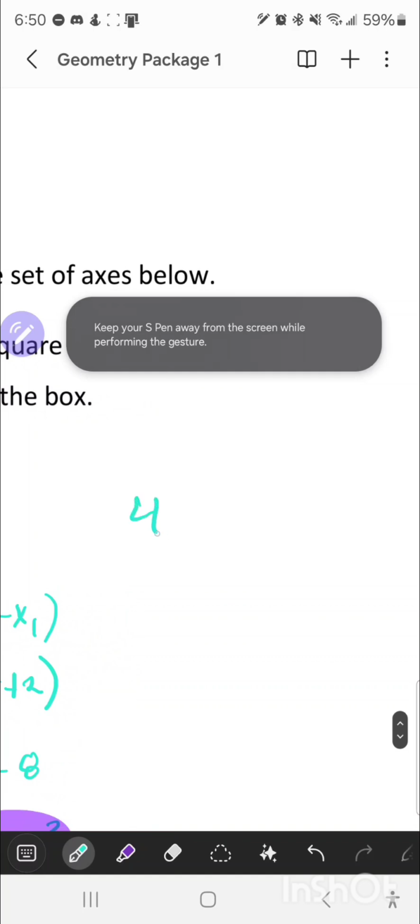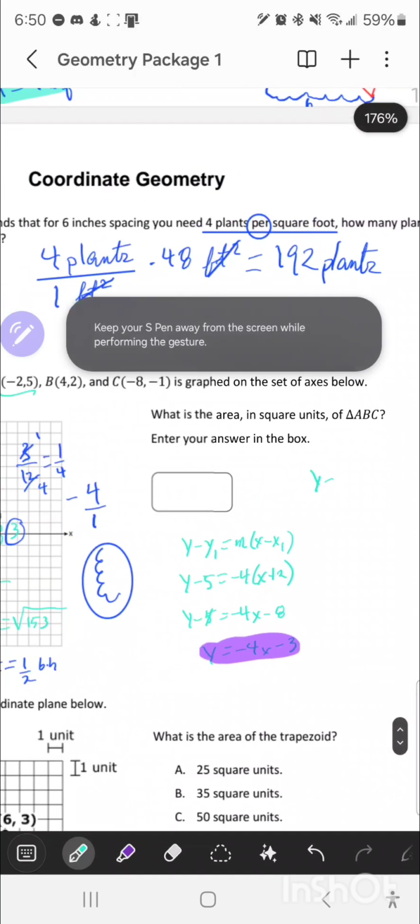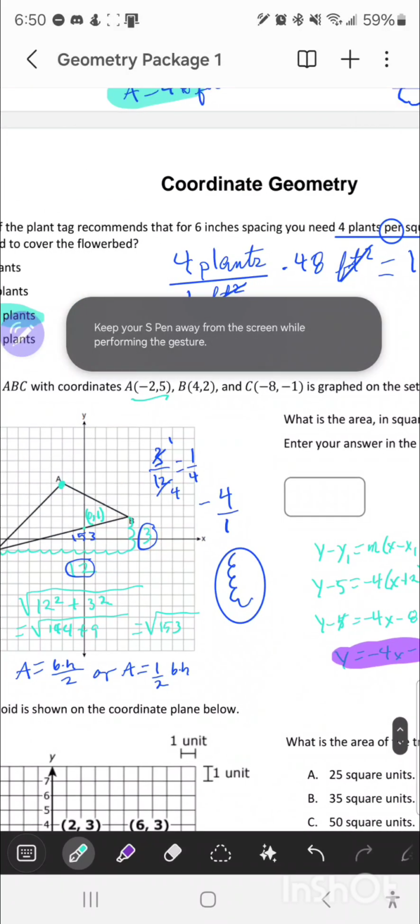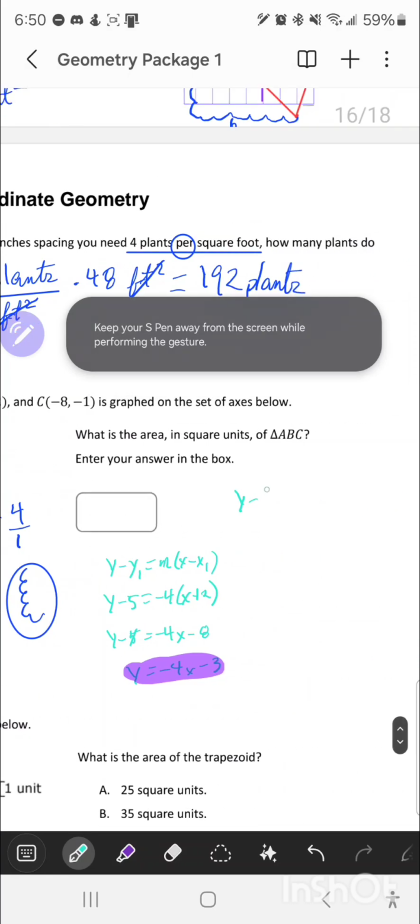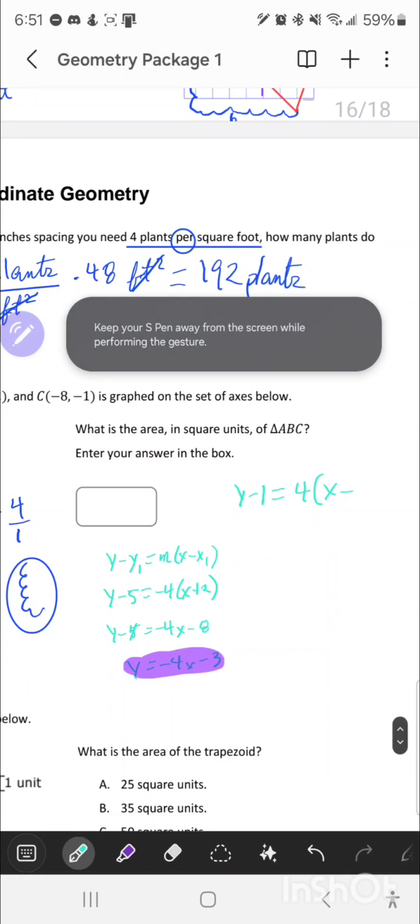So y minus y1, and y1 in this case will be 1, so y minus 1 equals m, which will be 4, times x minus, now my x is 0.